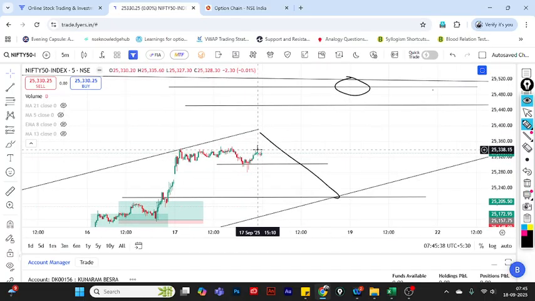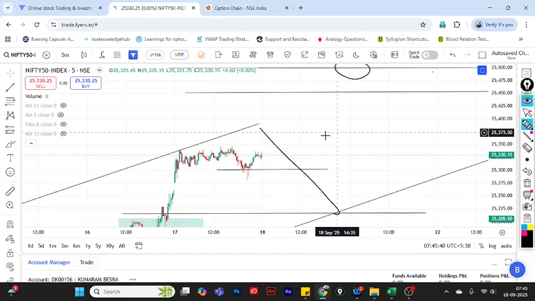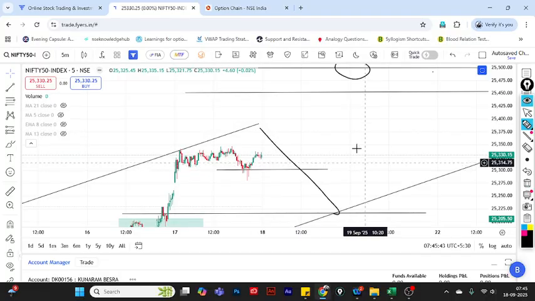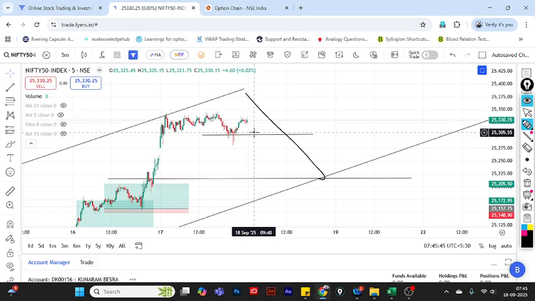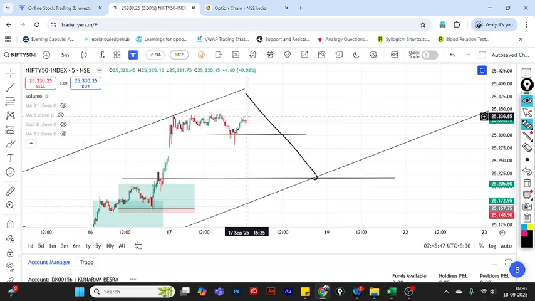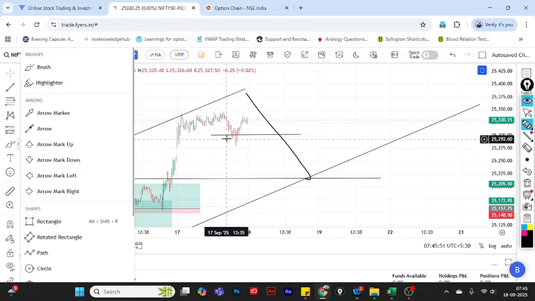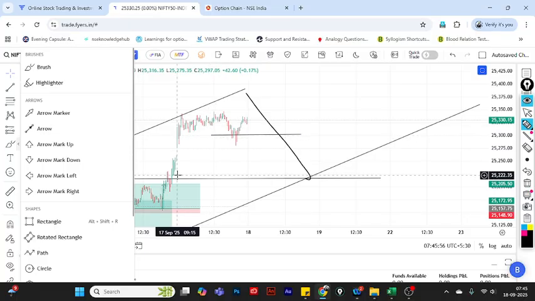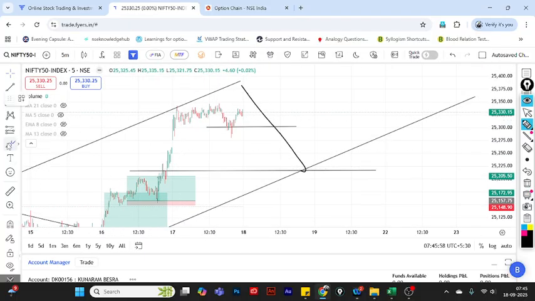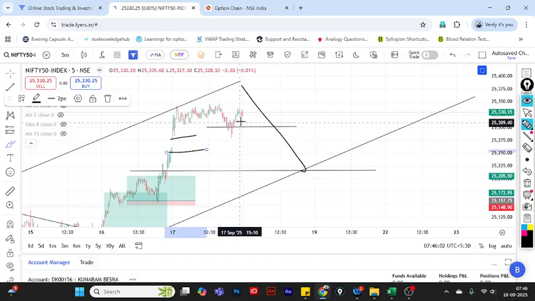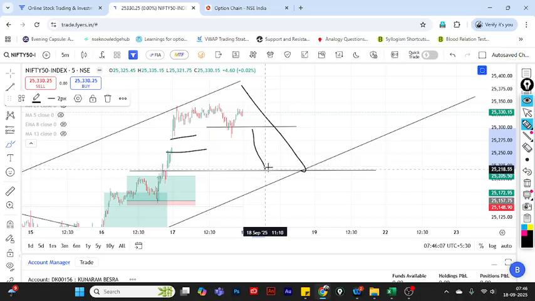If the market opens gap up, it has to come down, and if the market breaks down this level 25,300, then it will try to fill the gap. This is the gap. If the market breaks 25,300, it will come down to this level, 25,200.